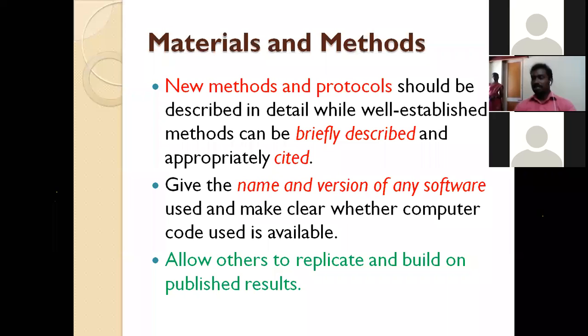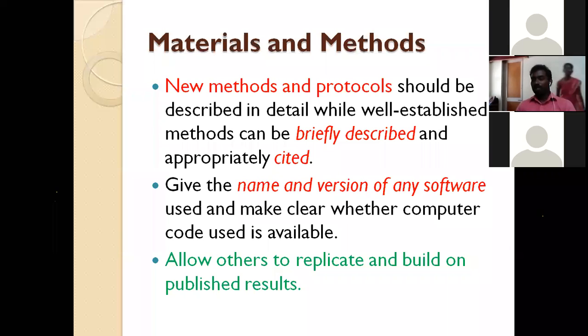Next, materials and methods. Here you can always go for new materials or methods and protocols, and they can be described elaborately. If you are doing the same method on the same material, then there is no use of your material for society.